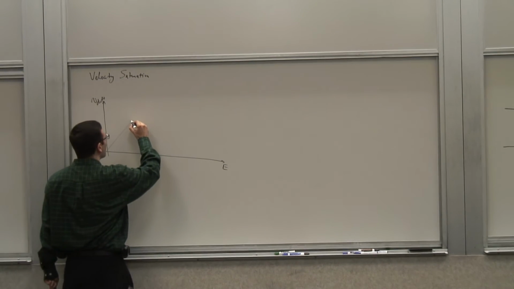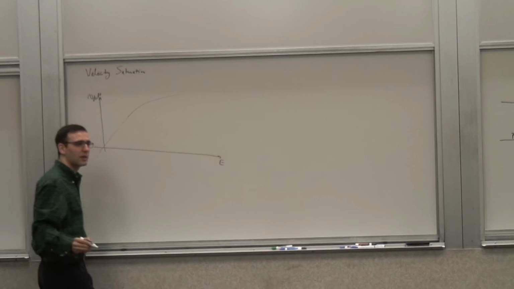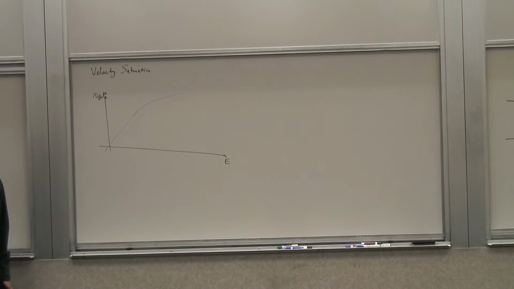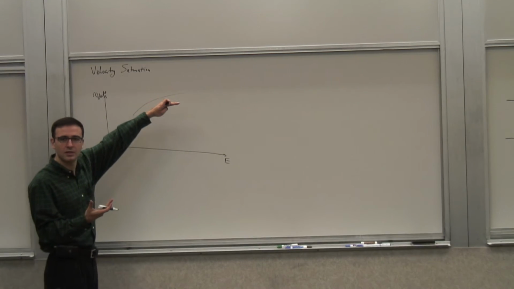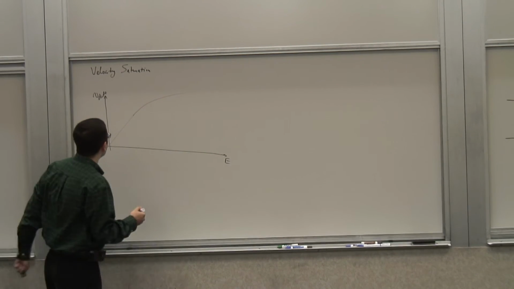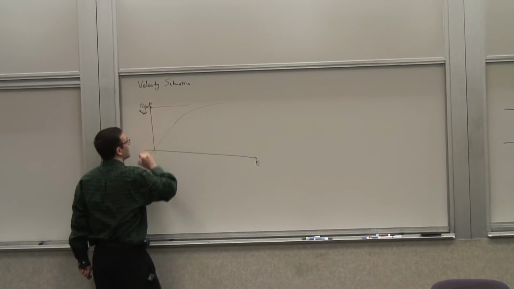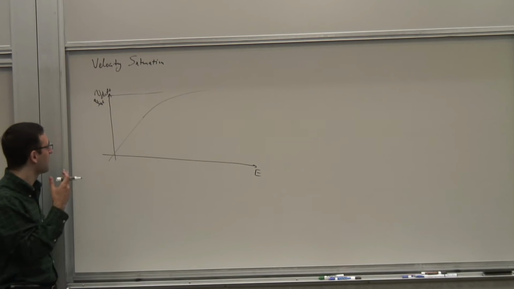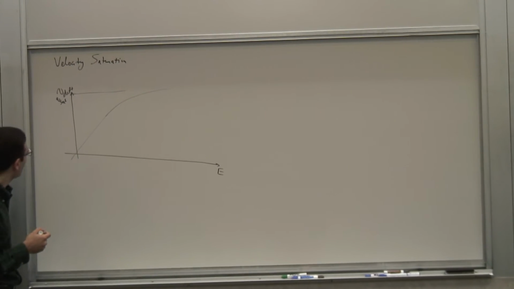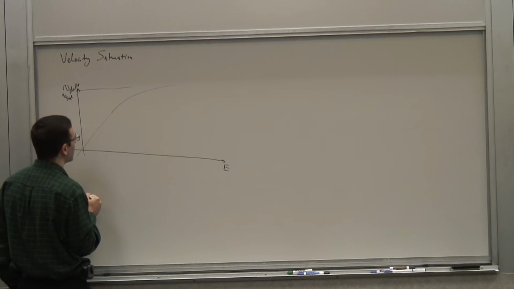But at some point, when the drift velocity became comparable to the thermal velocity of the electrons, then it couldn't grow linearly anymore, right? So we had this velocity saturation phenomenon, VSAT. There was a maximum velocity achieved at some point for maximum electric field.